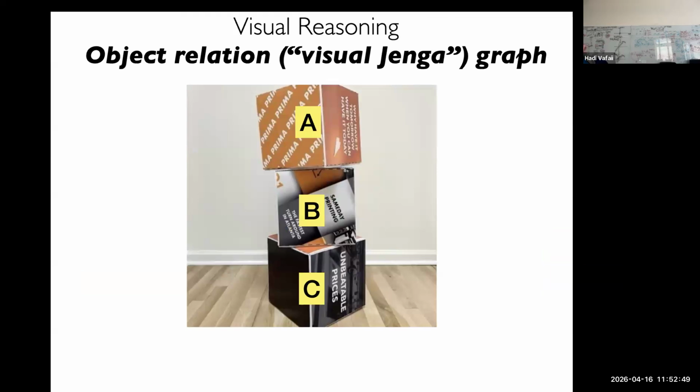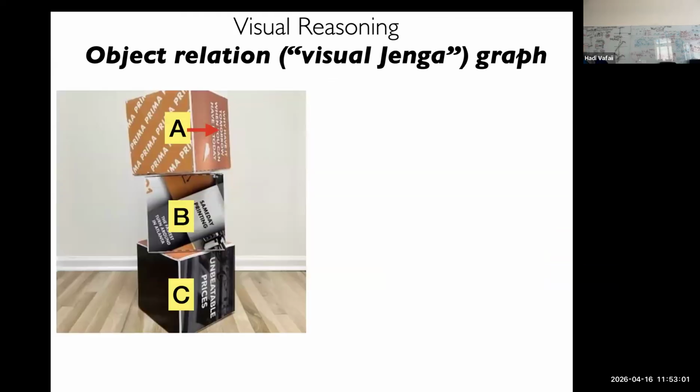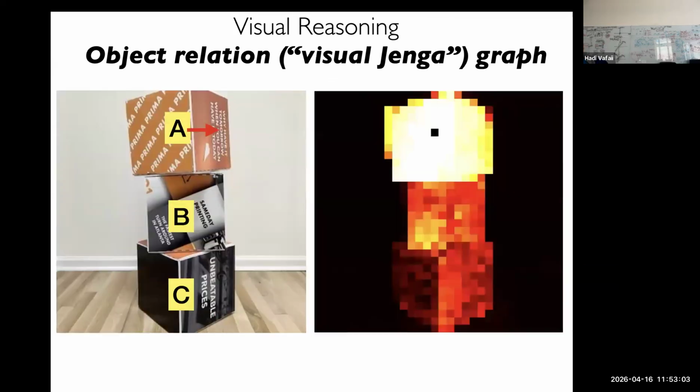And then you can put these types of things together to do visual reasoning pathways. Some colleagues of mine here at Berkeley, in Alyosha's group, developed this visual Jenga task. You can actually solve visual Jenga pretty well with this model.